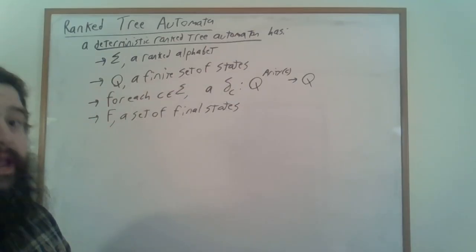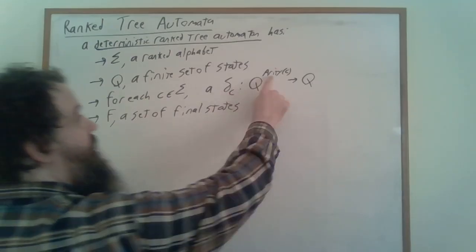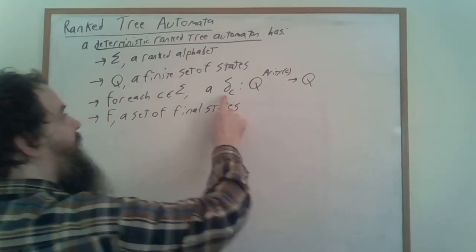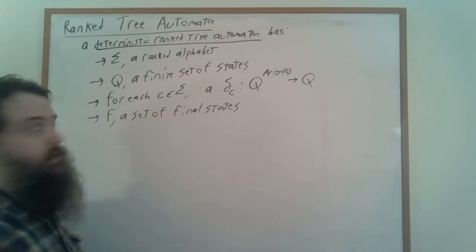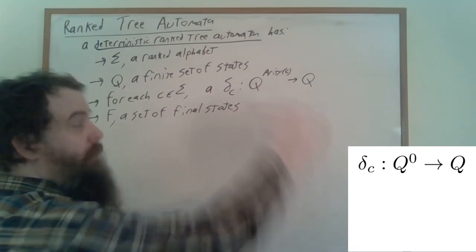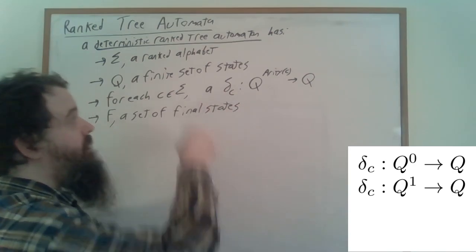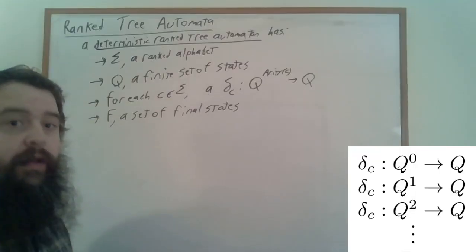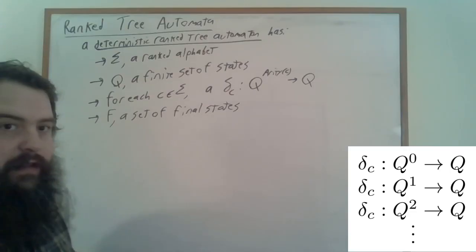But importantly, if we didn't restrict the nodes labeled C to have exactly some fixed number of children, then we'd have to specify a transition function for every number of possible children. A transition function if we don't have any children, a transition function if we had exactly one child, a transition function if we had exactly two children, and so on and so forth. That would require an infinite specification.